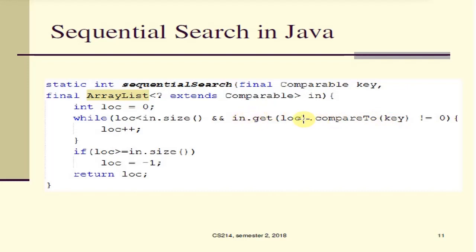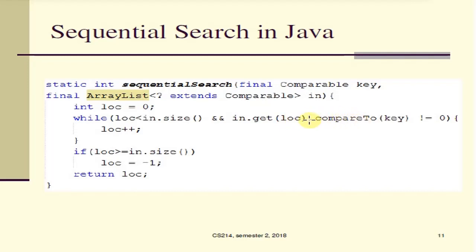If the thing at that index is equal to, for example, 32 that we are looking for, the compare to method actually returns 0 if it is what you are looking for. If the element at that lock matches the key that you pass to it, it will return 0. Otherwise, it will return -1 or +1. So if it returns 0, that means it is a match.